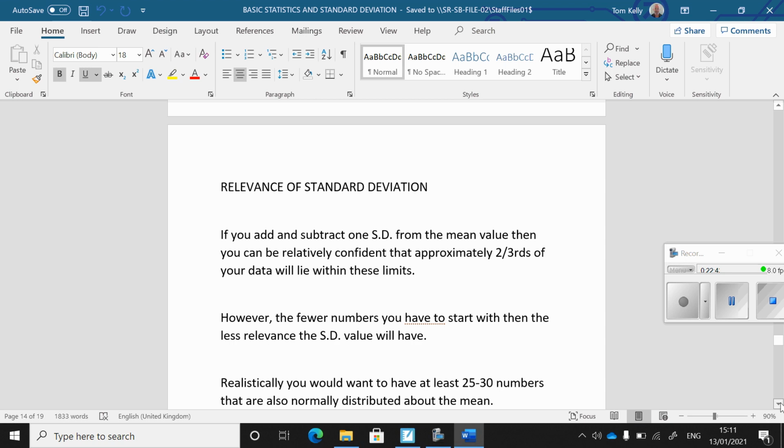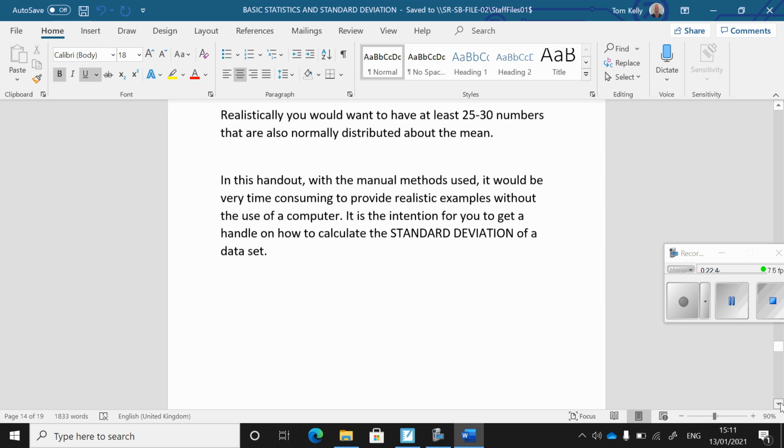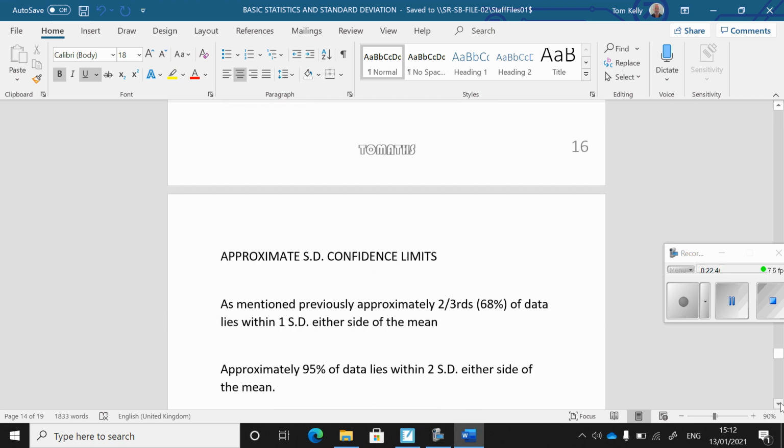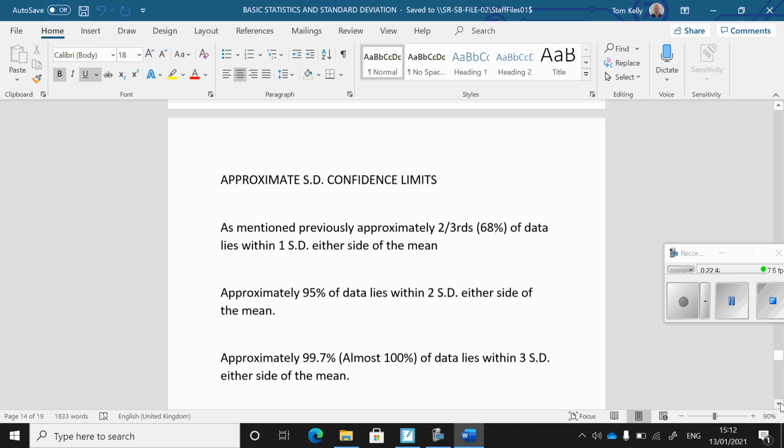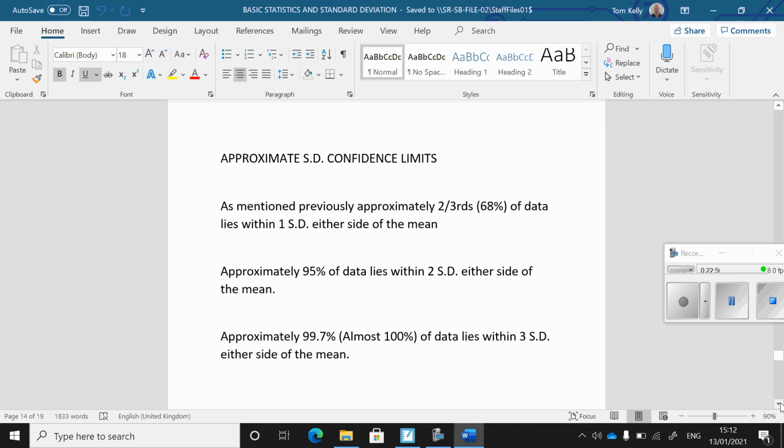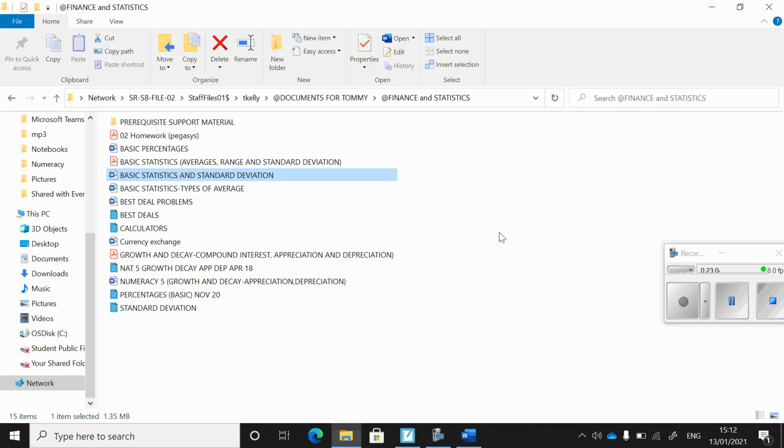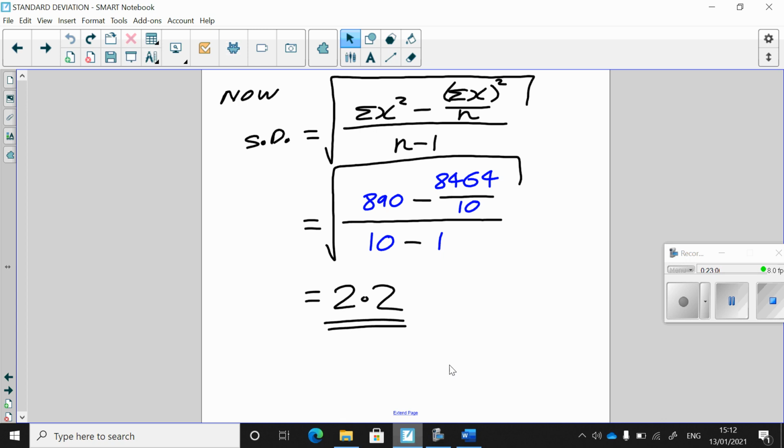So I'll let you do that in your own time, and I've sometimes referred to it as confidence limits. We can be confident that lots of our numbers lie between certain values. So you just take your time and go through that, folks. Right. Okay. So let's go back to that there.